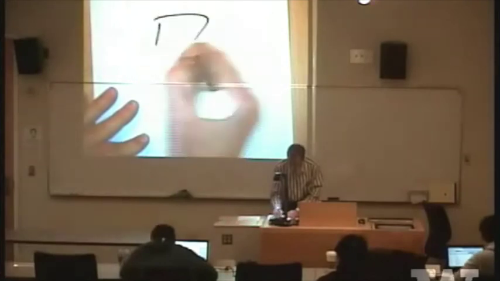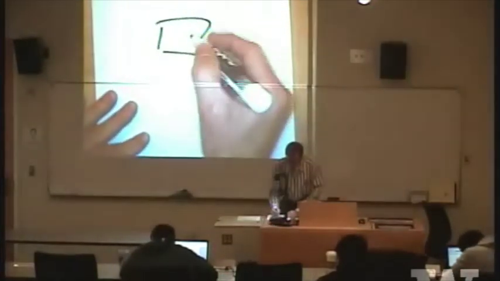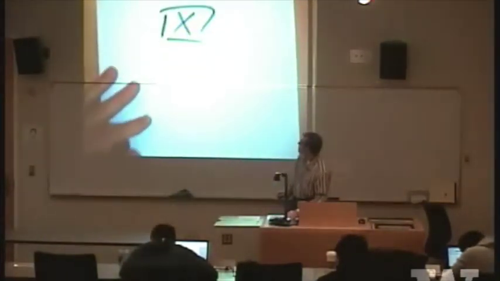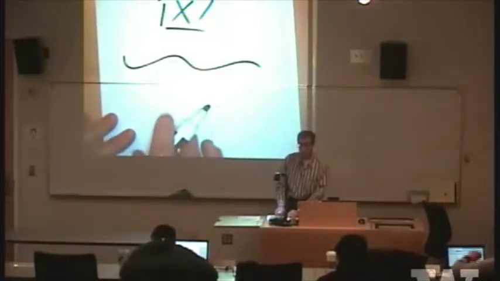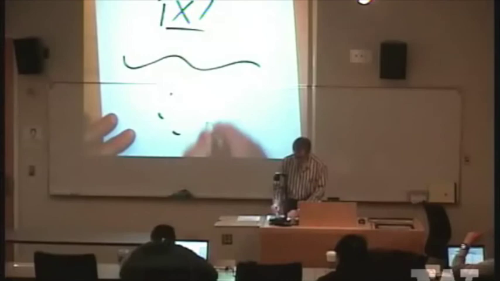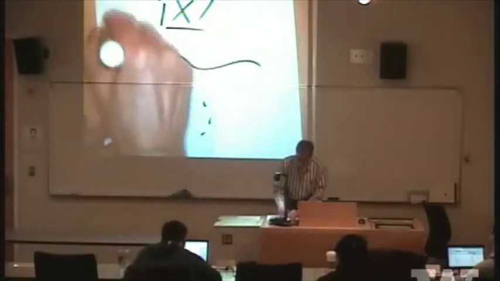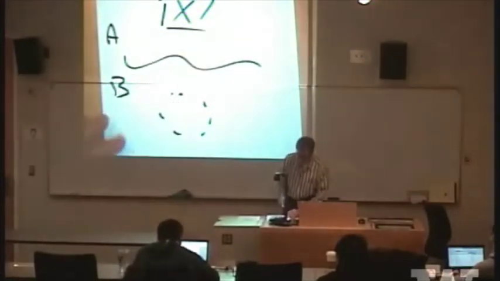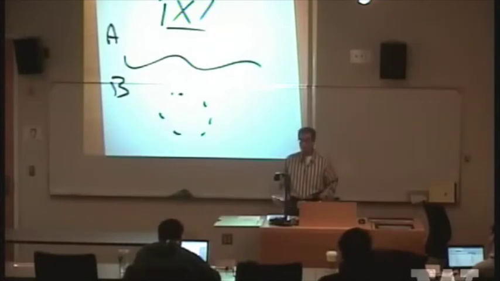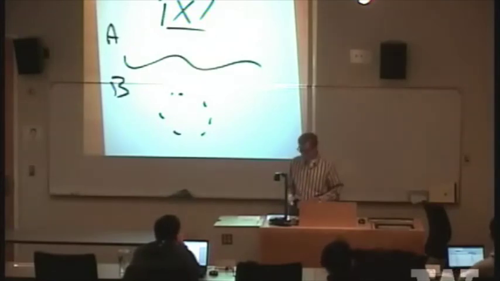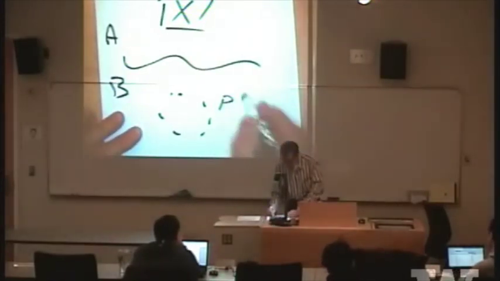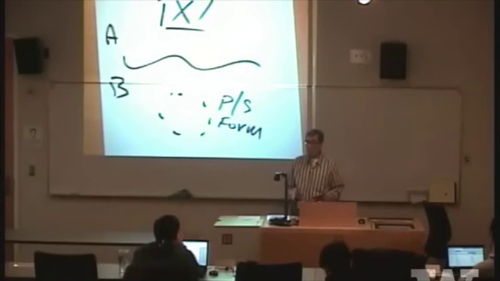Let's say we have a company X, and X wants to operate in country B. Now, you've decided that if we can, we want to operate in country B in partnership form.